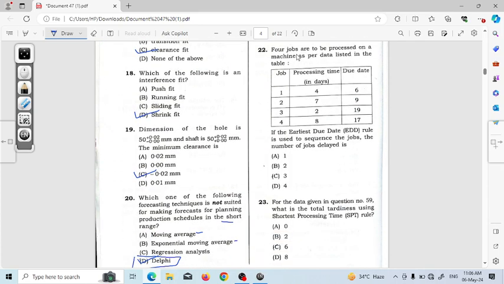Next question number 22. 4 jobs are processed on a machine as per data. This is the processing time of 4 jobs and due date. So first question is, if the earliest due date EDD rule is used to sequence the jobs, the number of jobs delayed is. So better solve in next page.